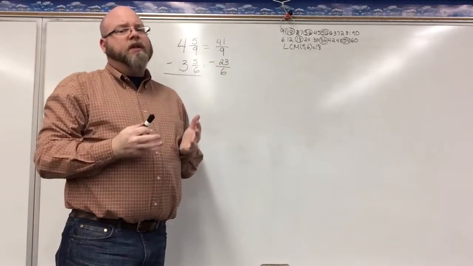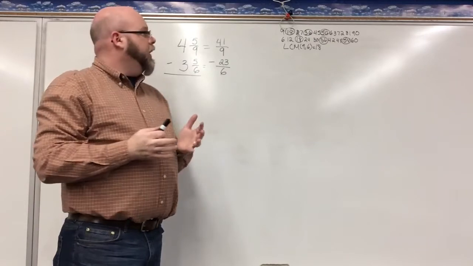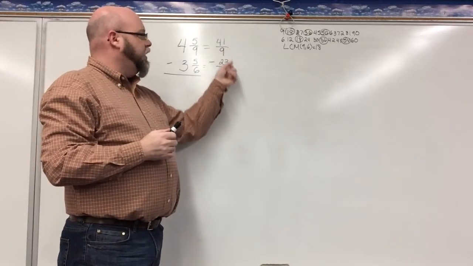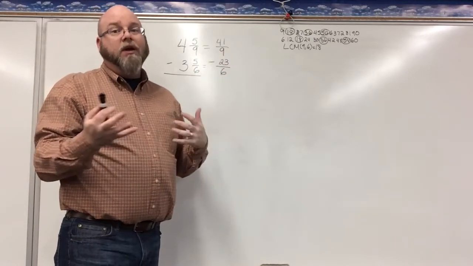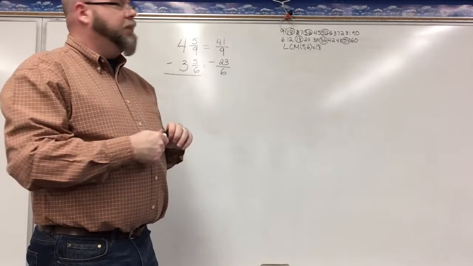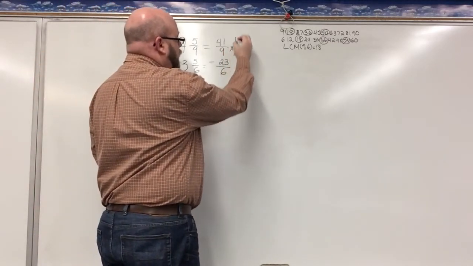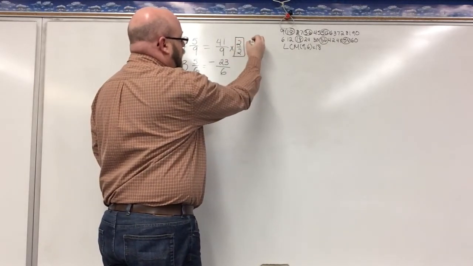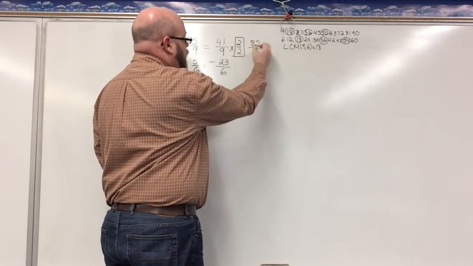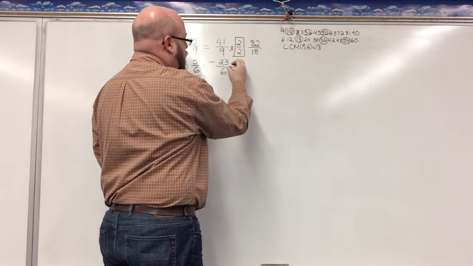Now we're running into that same problem, though, that we had earlier. I can't subtract because I have uncommon denominators. I know 18 is going to be my least common denominator, so I can fix that problem. Multiply by my fraction equal to 1, and I'm going to get 82 over 18.